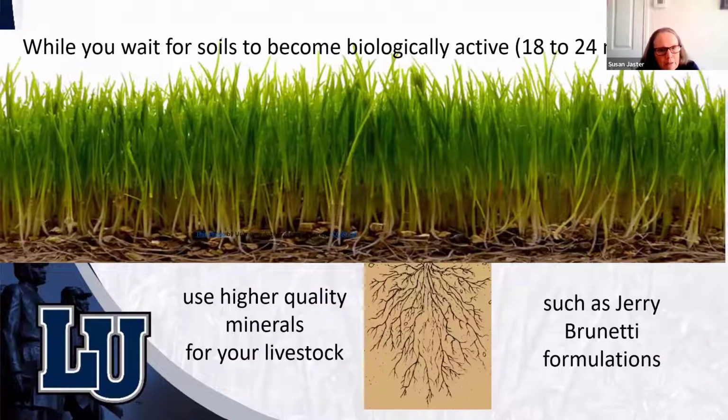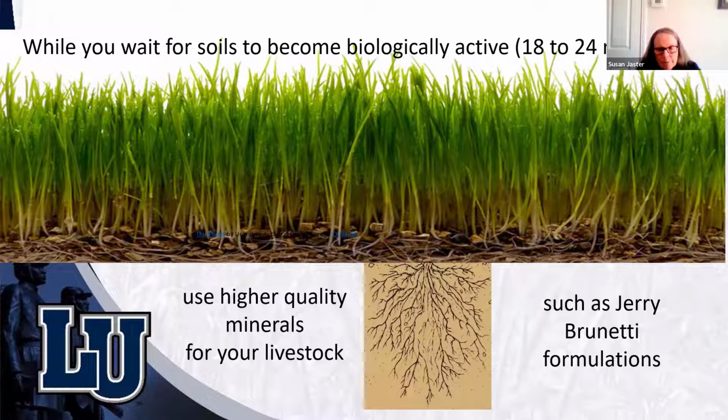So while we're waiting for our soils to become biologically active, and it only takes like 18 to 24 months while we're using these new practices, it does take a little bit of time, but it's not nearly as bad as we thought, because we used to think that it would take 100 years to get 1 inch of topsoil.